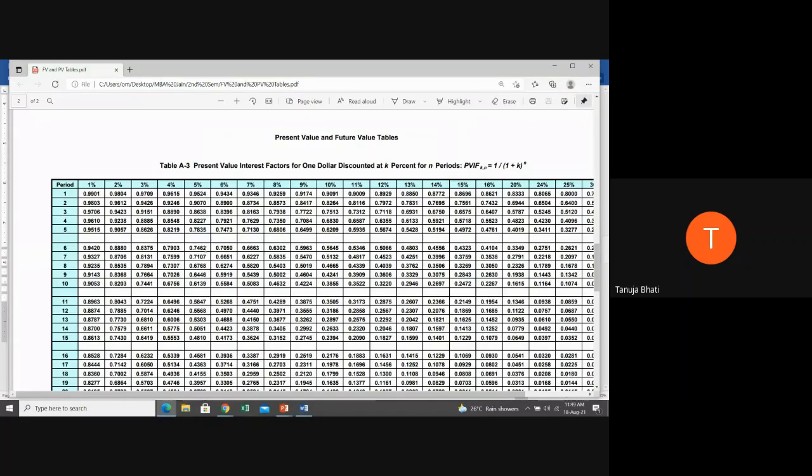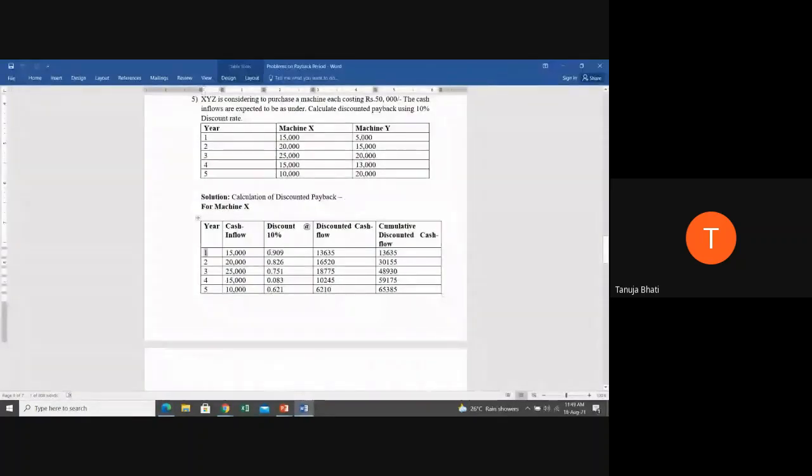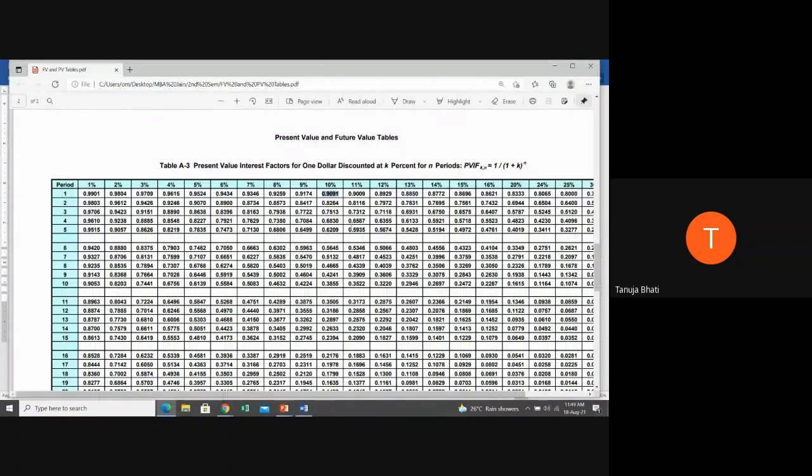So I will horizontally see the rate of percent is 10% for period 1. Period is vertically, you will have the number of years. So for 1 it is 0.9091. So I've written 0.909. Okay, you can write 3 digits or 4 digits. It's better you write the complete 4 digits, that will be better.